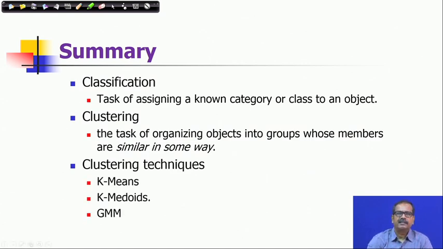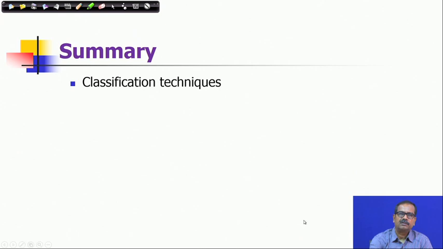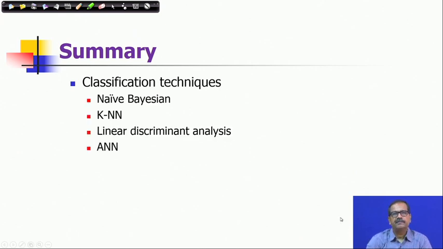There are several clustering techniques we discussed, like k-means, k-medoids or Gaussian mixture model. And for classification techniques, we considered the naive Bayesian classification scheme, then k nearest neighbor classification scheme, linear discriminant analysis, and finally artificial neural network models.